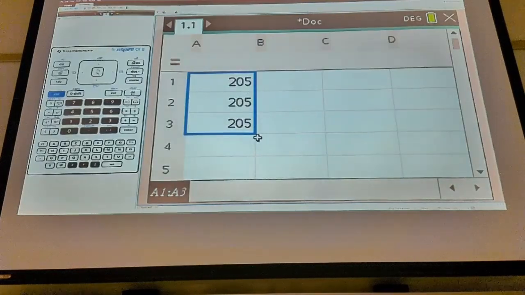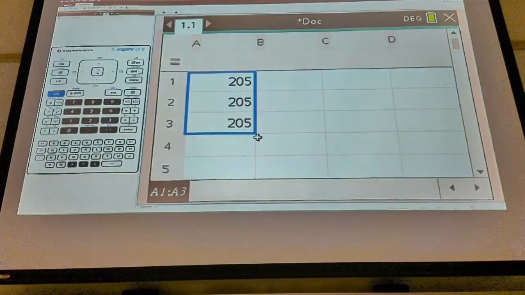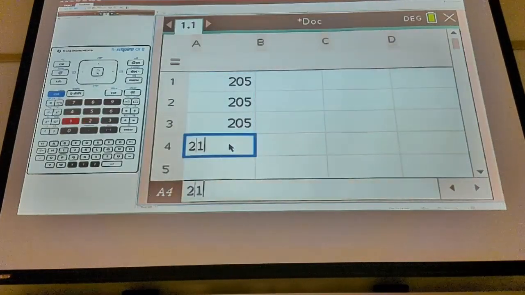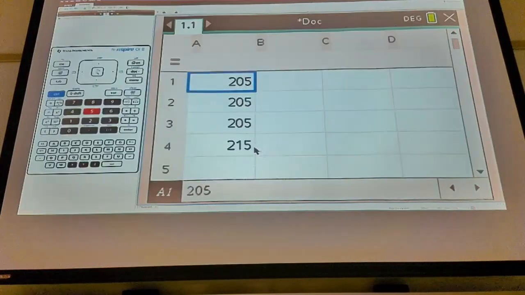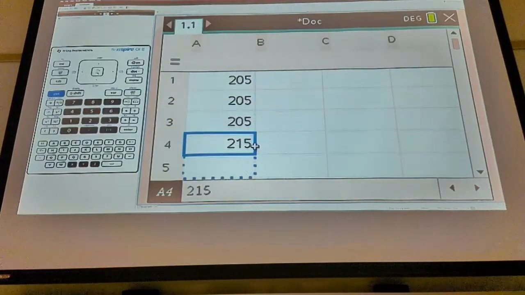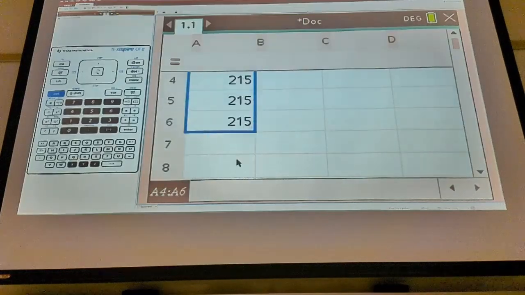Same thing I can do on Excel: drag and drop to re-enter data. It's going to be a little bit harder with the handheld actual calculator, because you have to use the center as a mouse pad. So it's a little bit more difficult, but you can do it.